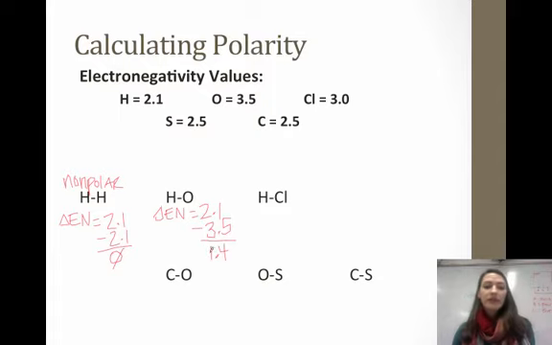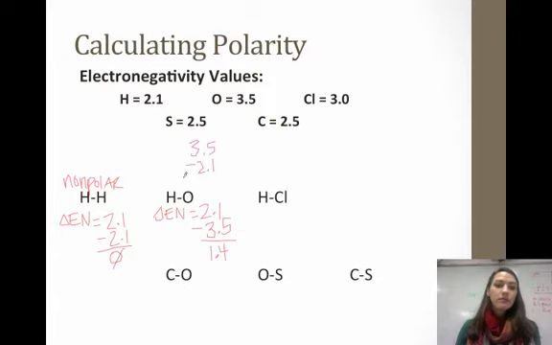It would really be negative 1.4, but we're going to say 1.4 is the change. So it doesn't matter if you write it this way or if you think about it as 3.5 minus 2.1, which is 1.4. Same way. Some people like to take the larger electronegativity value and write that first. So this would be a polar covalent bond, because it's less than 1.5.